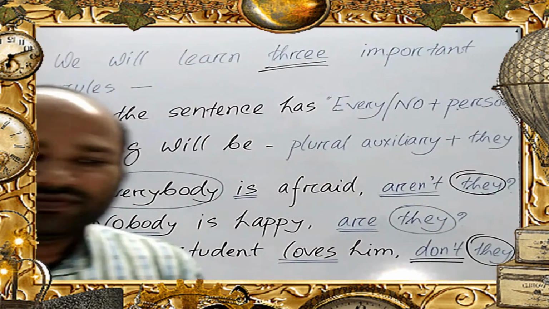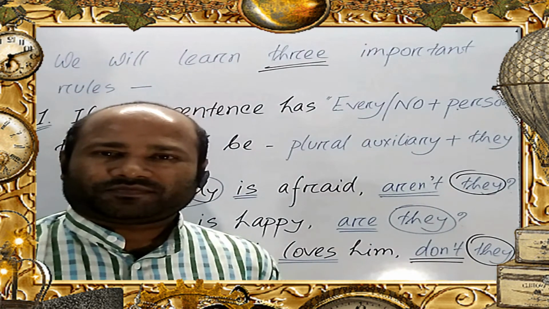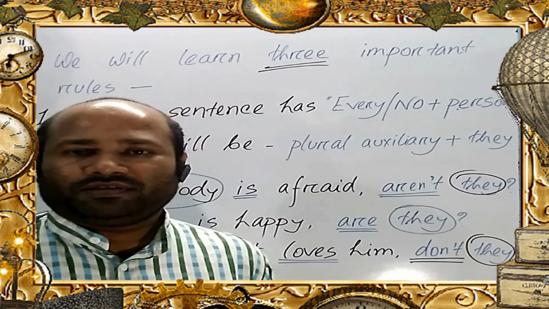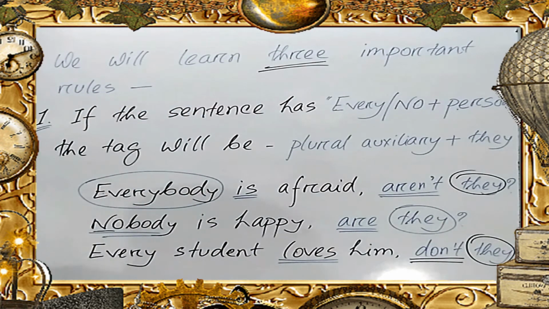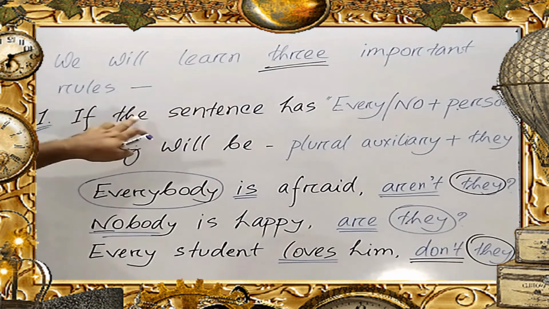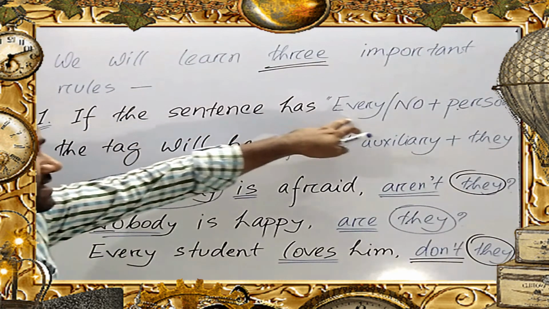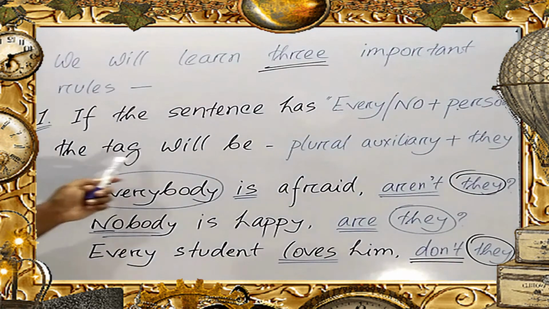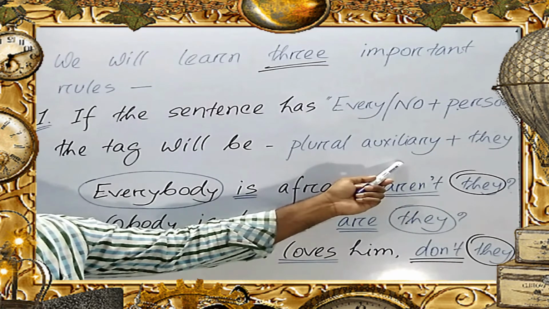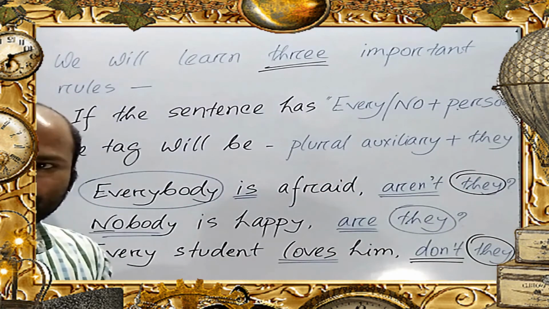It is quite confusing, and most of the students get wrong marks or cut marks in this rule. Let's check it again. If the sentence has every or no plus person, the tag will be plural auxiliary plus they.